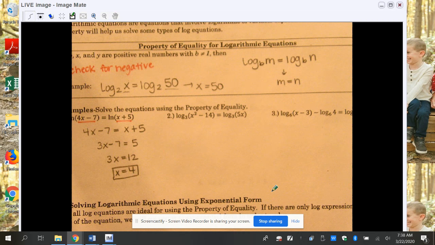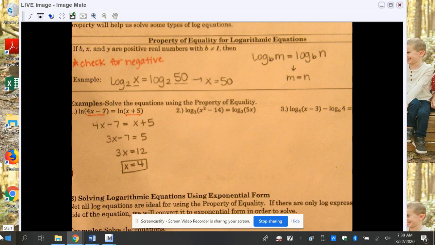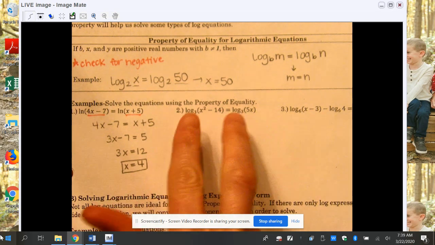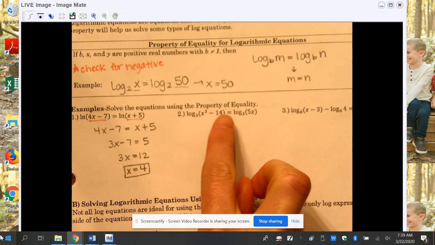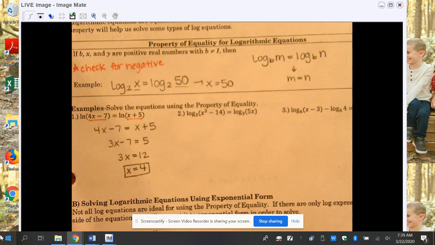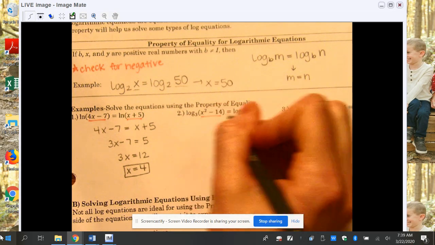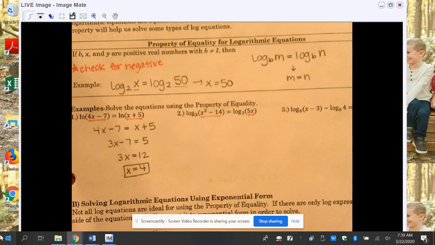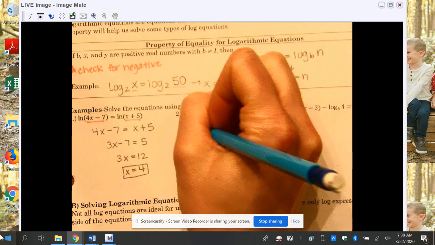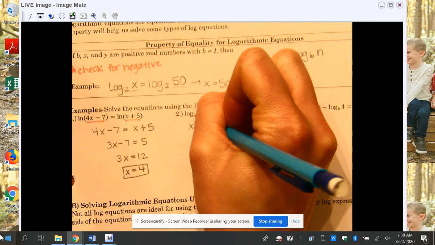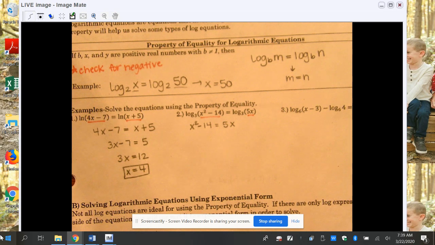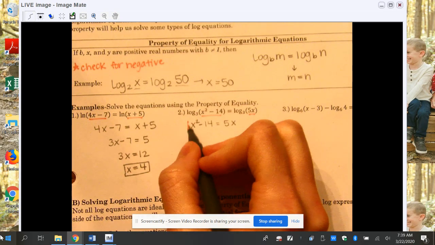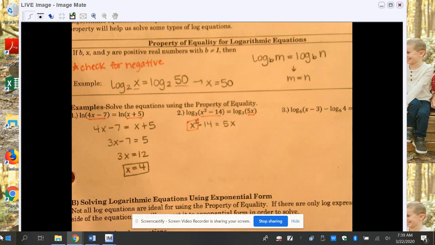Now in number 2, I've got log base 3 of x squared minus 14 equals log base 3 of 5x. I'm taking log base 3 of two quantities. In order for those two quantities to end up equaling out, that means that they have to be the same, or else this equation would not be true. So I'm going to set x squared minus 14 equal to 5x. Because I see this x squared, that tells me that I'm probably going to have to factor unless something cancels out.